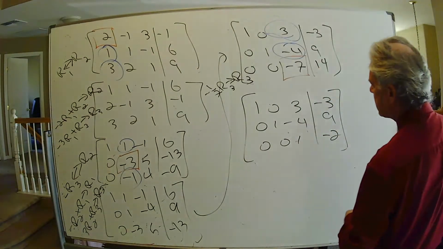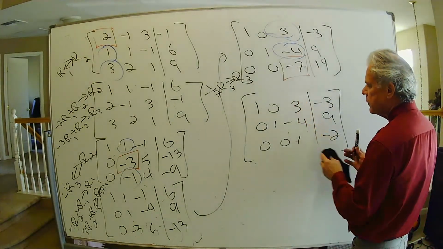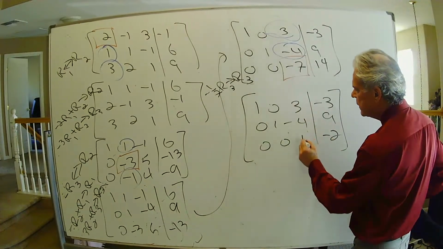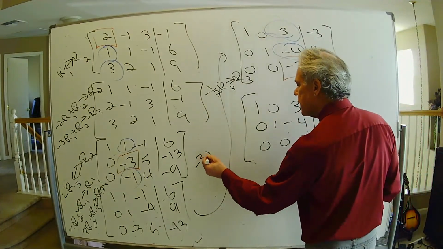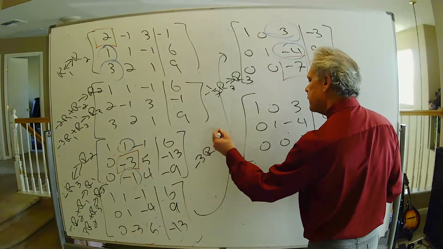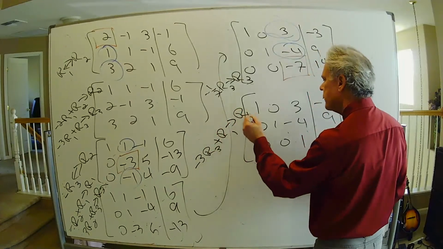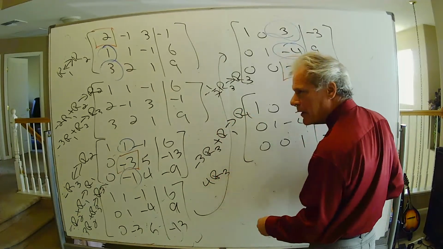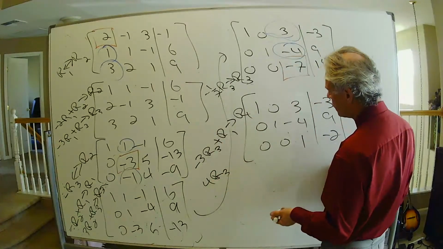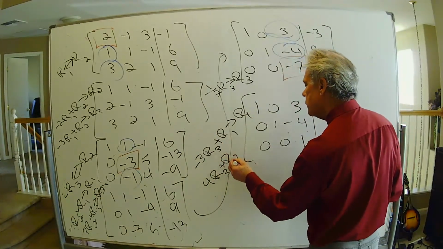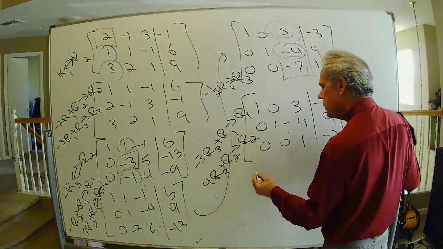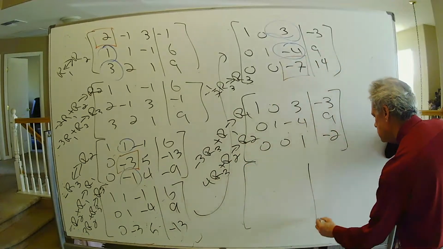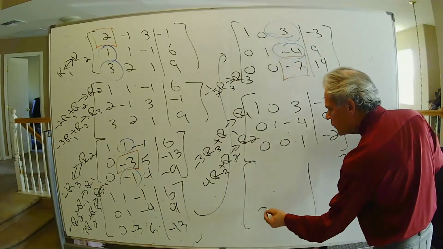And lastly, I can force these two entries to be zeros merely by taking, say, -3 times the third row, adding to the first, that gives our new first. Or better yet, how about 4 times row 3 plus row 2 will give us our new second row. Officially, our third row doesn't change.